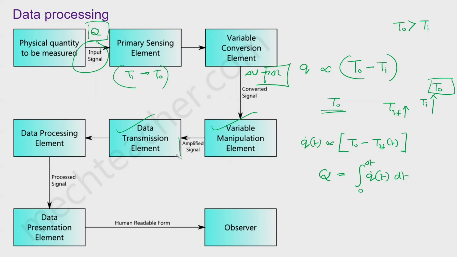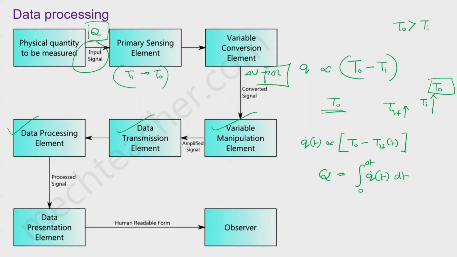So, the data processing unit is going to first perform some kind of manipulation over the transduced signal, then transmit that to the recording part. If required, some further data processing, like if there are feedback options, then this data processing element will do that feedback or certain other processing. Sometimes we may have to go for some kind of integrating or differentiating action on this. So, all this will be done in the data processing, and finally, the data presentation to the observer or sometimes recording.